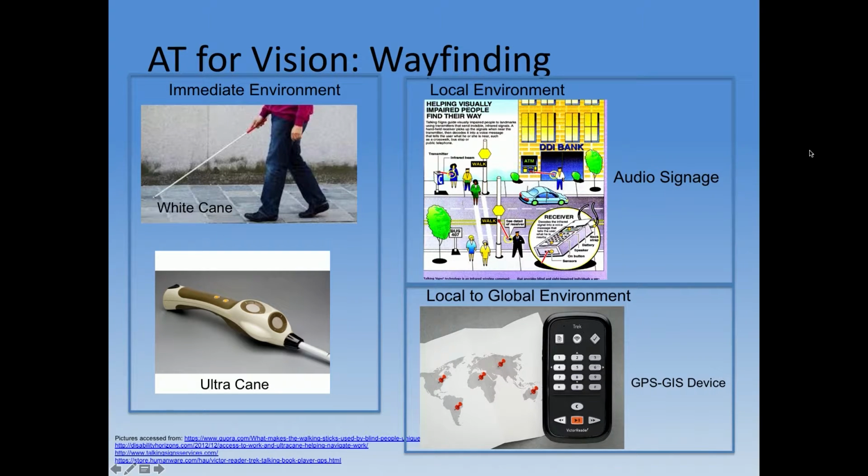In the local environment, let's say I'm walking into this library. There's a concept called audio signage, where the library or UNH might have installed something like what's called a talking sign. It's an app. So the step here is another app. And these are transmitters you might plant somewhere in the entrance of the library.